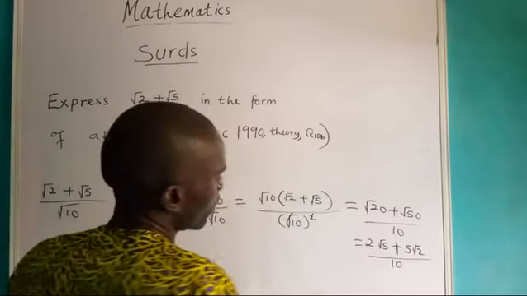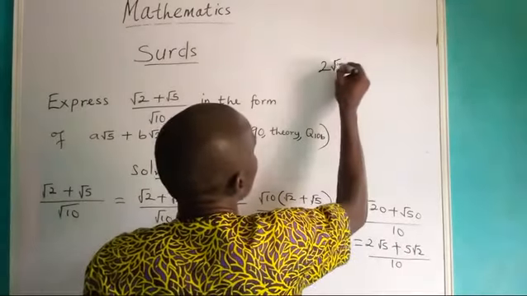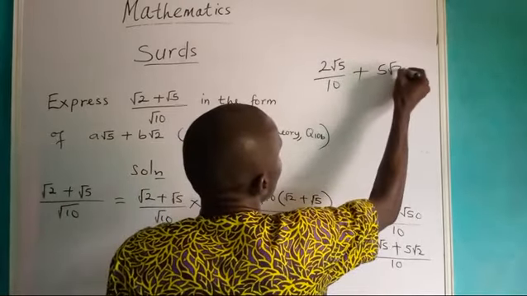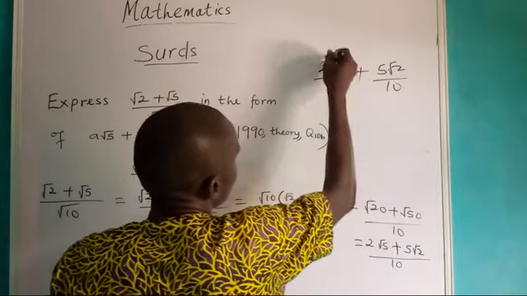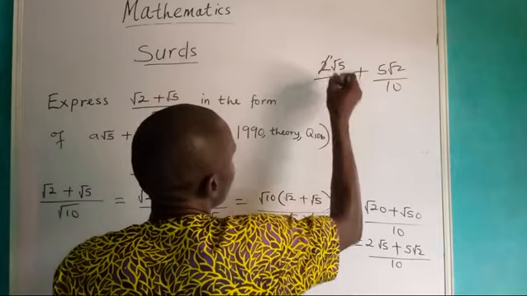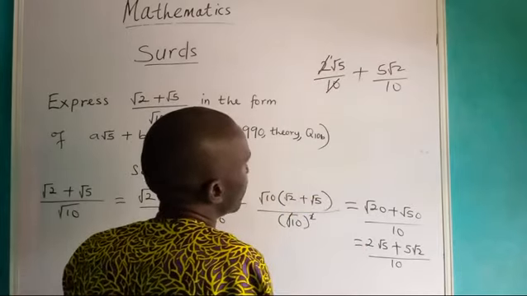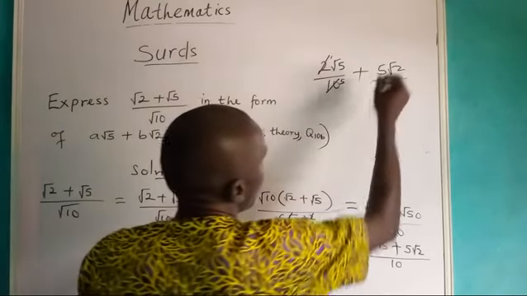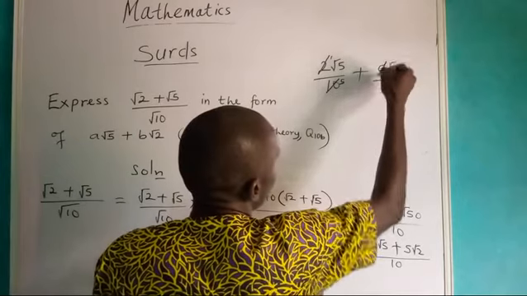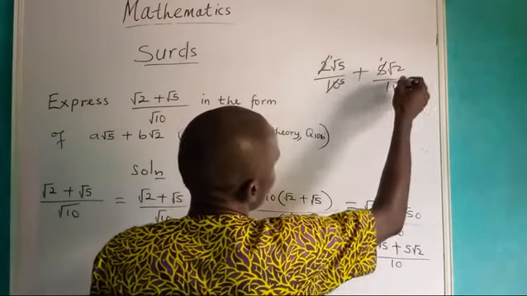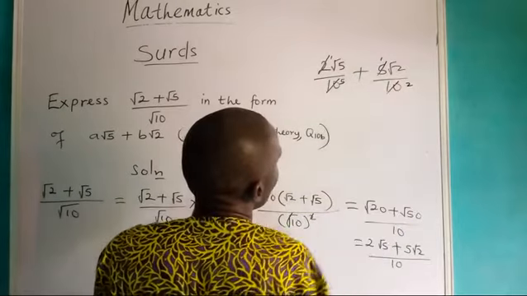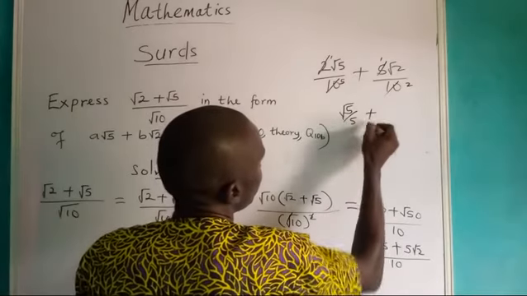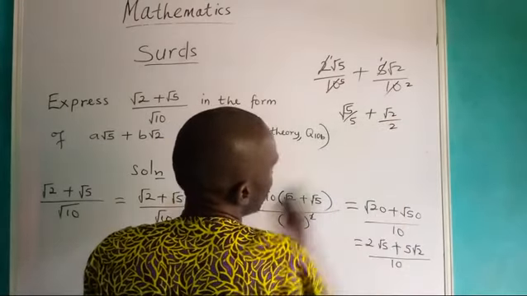Let me do the rough work here. 2 can enter 2, that is 1, and 2 can also enter 10, giving 5. Then 5 can enter 5, becoming 1, and 5 can enter 10, becoming 2. What I will have is root 5 over 5 plus root 2 over 2.